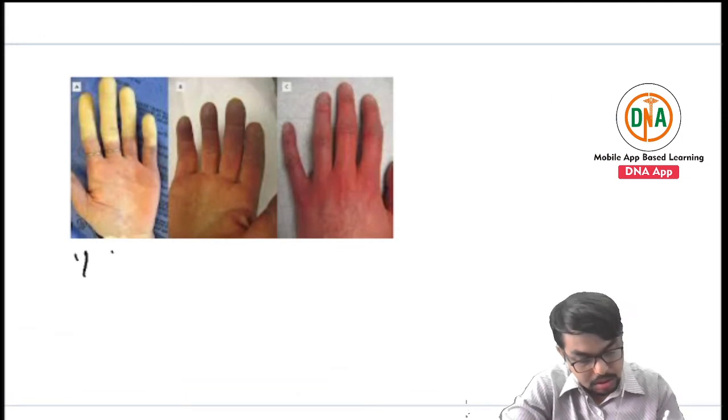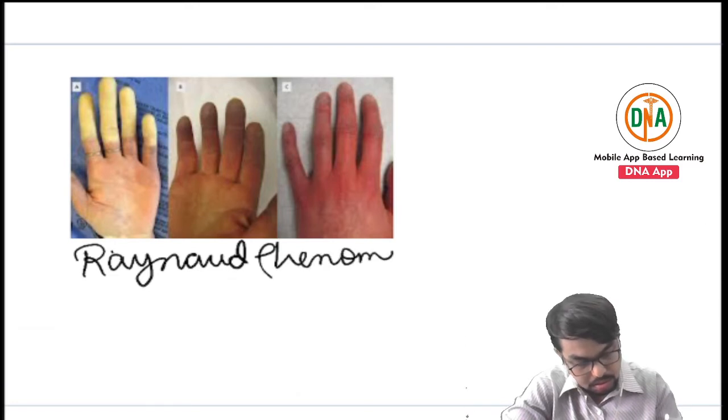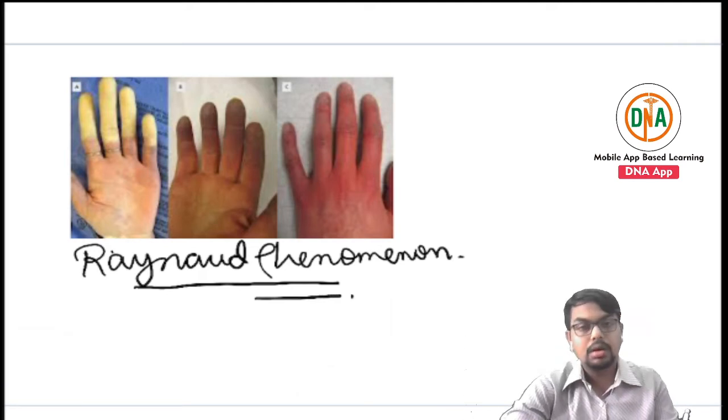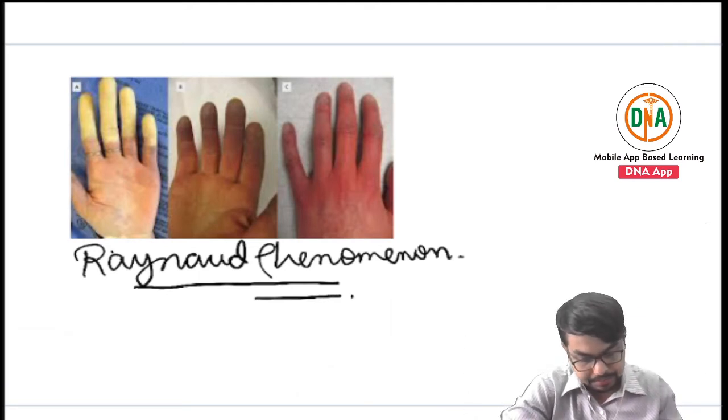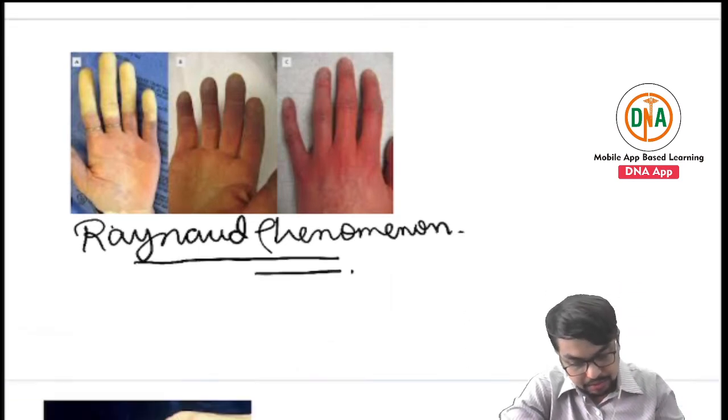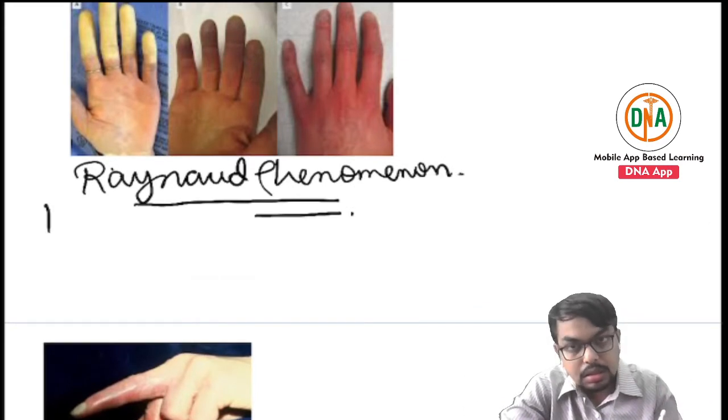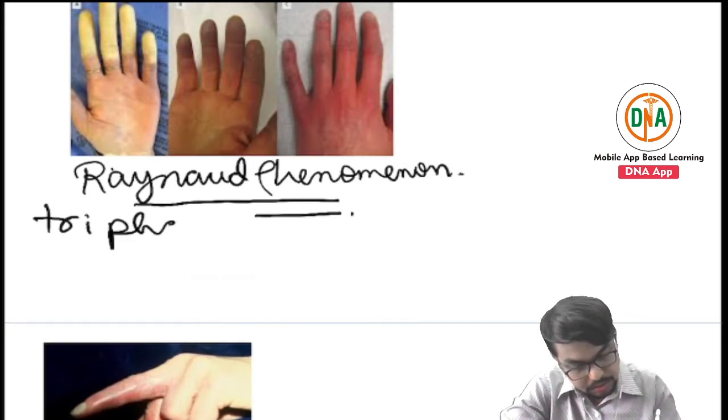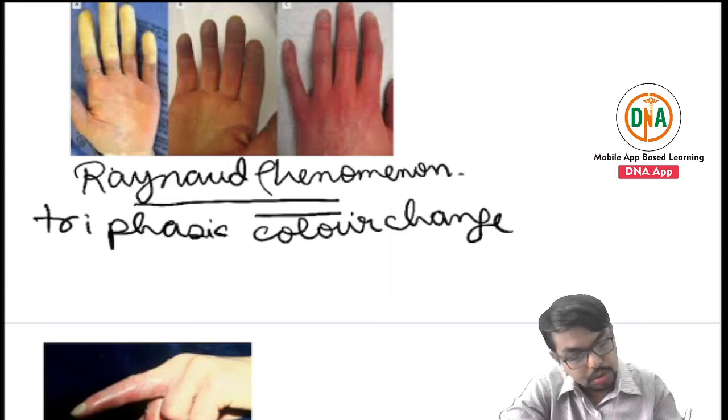This is called Raynaud phenomenon. What is Raynaud phenomenon? This is a triphasic color change on exposure to cold.